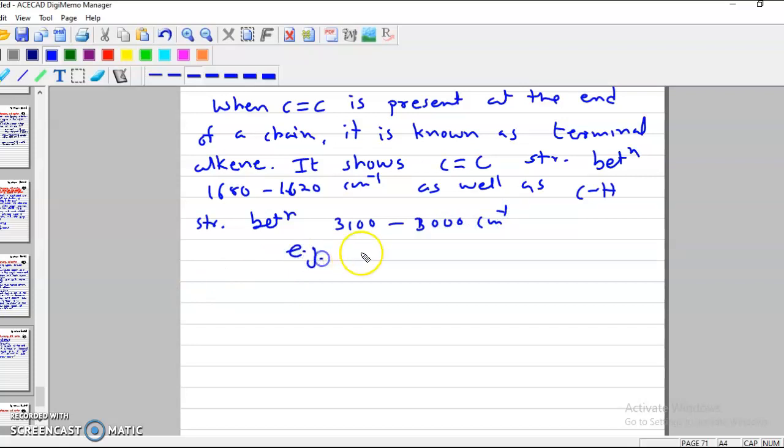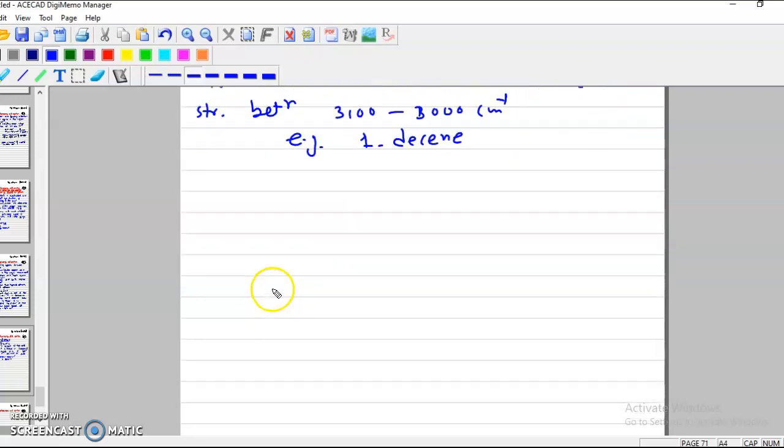As for example, 1-decene, in which we will have bands like this. So this is CH stretching at about 3050 centimeter inverse because of C double bond CH stretching.